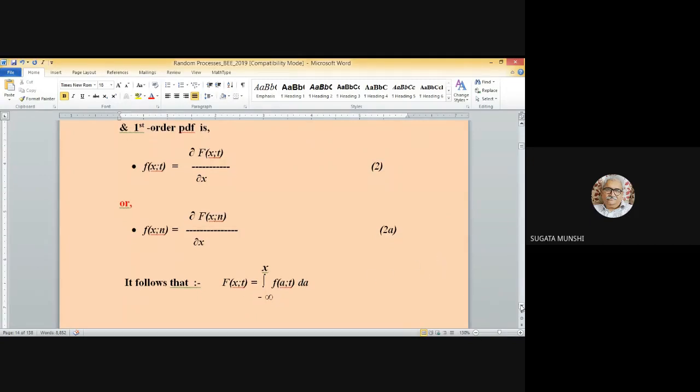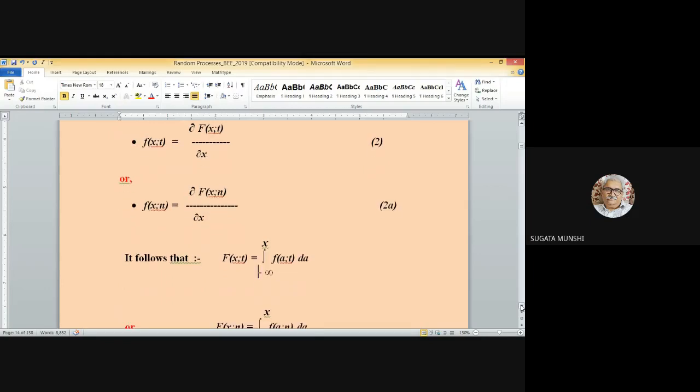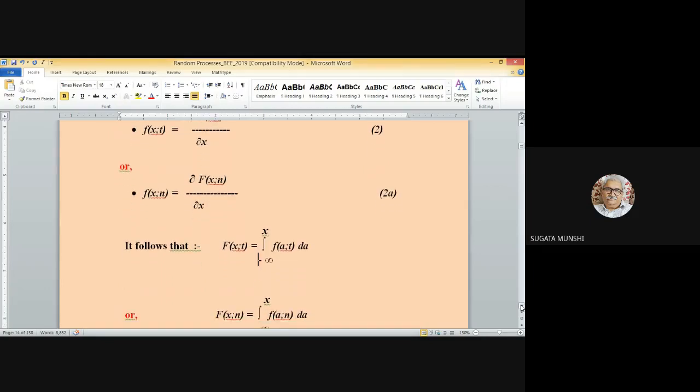Similar will be the case for the cumulative distribution function of the discrete time random process. It will not be summation. If we had considered computation along the t-axis, it would have been a summation. But because it is in the vertical direction, therefore it's an integration.